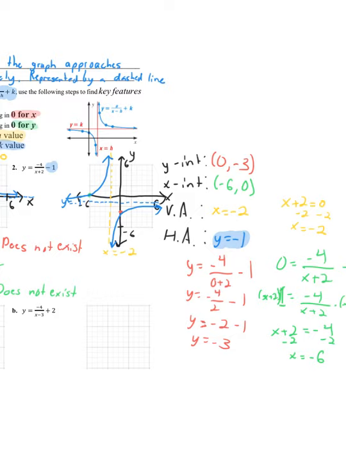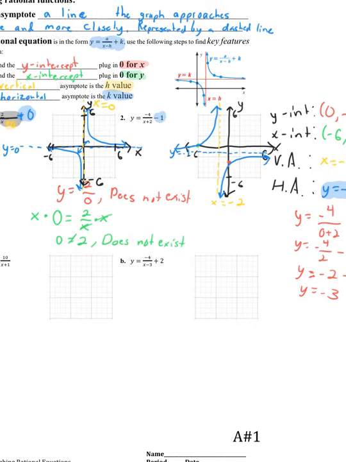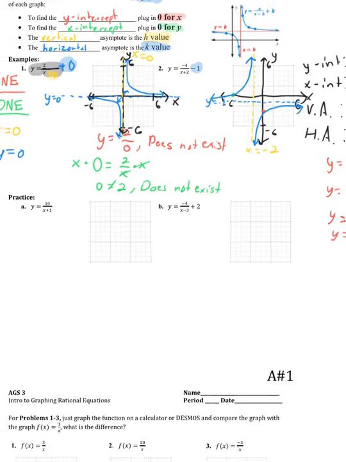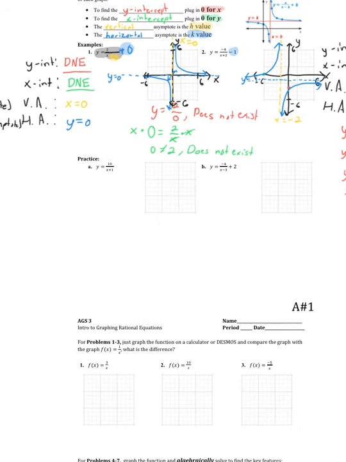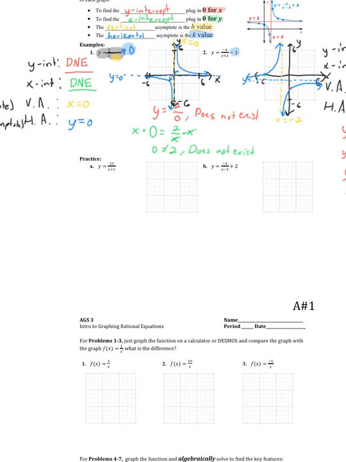Now I've got two examples here. I want you to try these next two examples. Again, identify the y-intercept, the x-intercept, the vertical asymptote, and the horizontal asymptote for each of these examples.